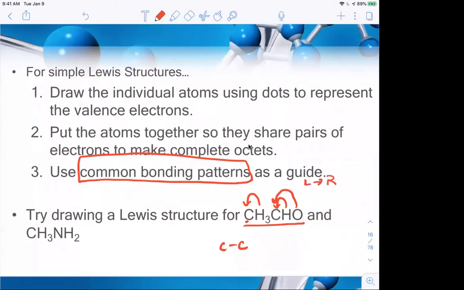So what I have is carbon, carbon, and then oxygen, and then I have a hydrogen in that regard. So I'm going to put my 3 hydrogens around here, and then I'm going to notice that in order to give everyone an octet, I end up with this structure where I have a double bond between the carbon and the oxygen. If you do this using the connect the dots, you can also do it that way.